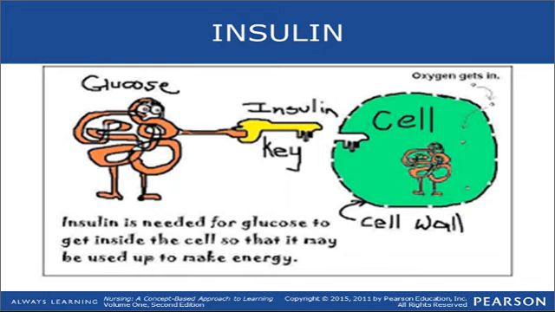Now, who else needs insulin? The type 1 diabetic needs insulin. The type 2 diabetic will need insulin if it's not controlled with diet and with oral hypoglycemics or other types of hypoglycemics.